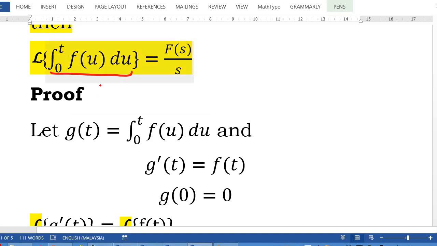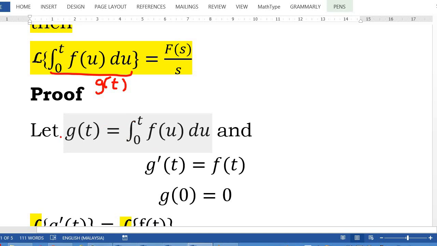property, let the integral of f(u) du from 0 to t equal g(t). When we integrate f with respect to u and substitute the limits from 0 to t, the result will be in terms of a function of t.